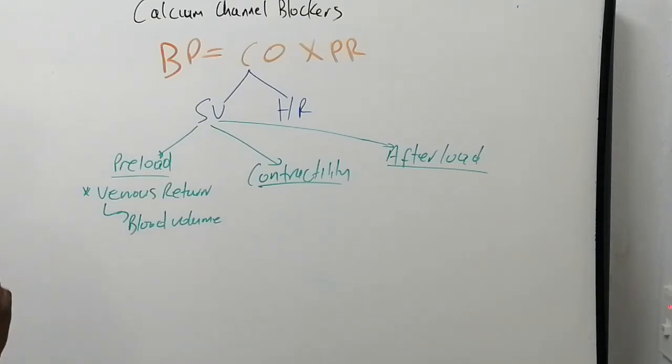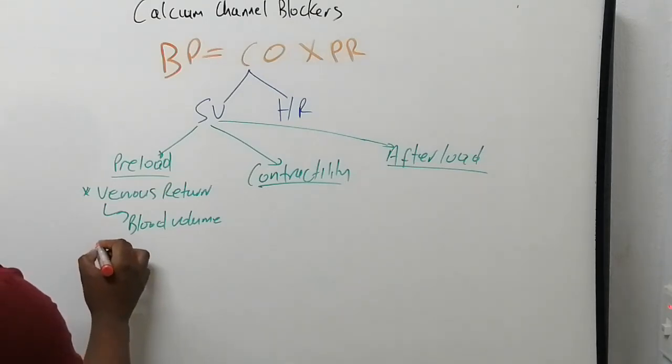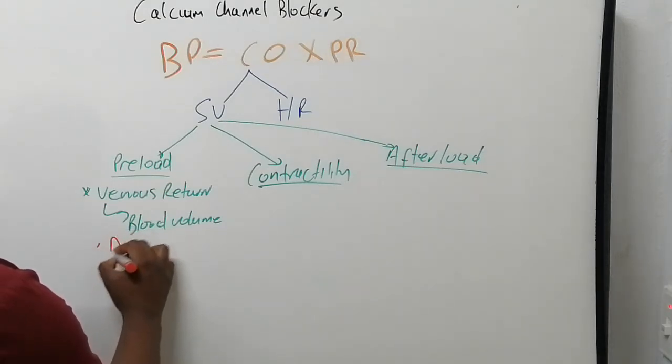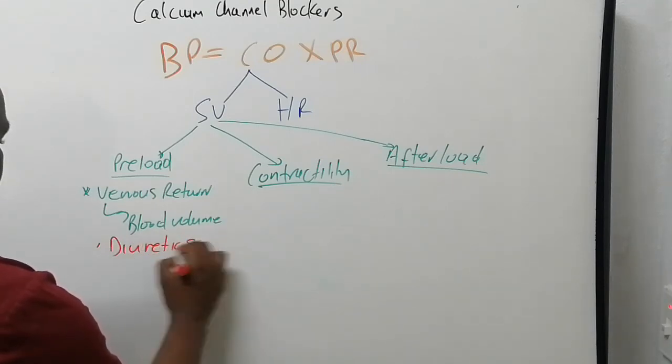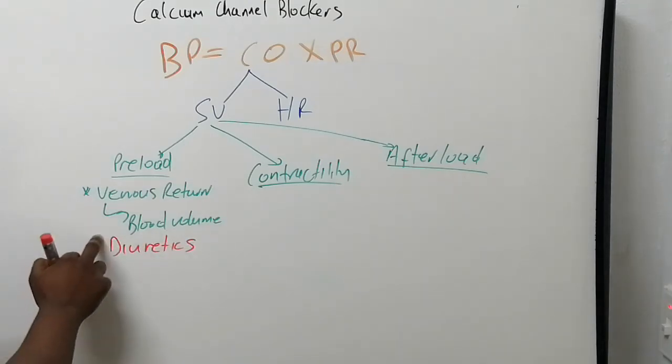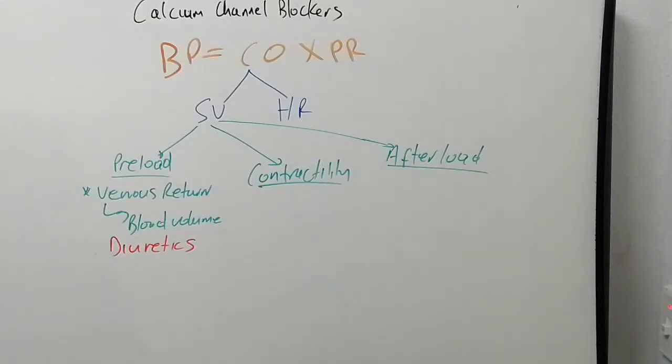So what are the drugs that can decrease a patient's blood volume? Those drugs are called diuretics. Diuretics decrease a patient's blood volume. That's why a patient is going to go and pee and pee and pee.